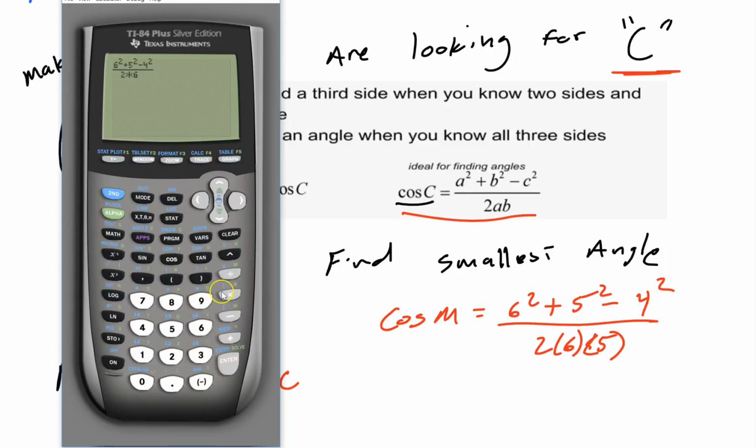The reason I did it like this is so I don't have to worry about putting parentheses everywhere. Otherwise, you need parentheses around the bottom, parentheses around the top. So I get that cosine M equals 3/4, so 0.75.